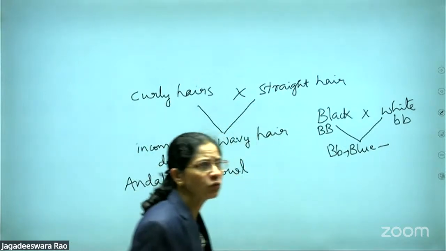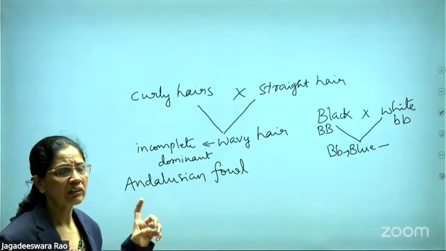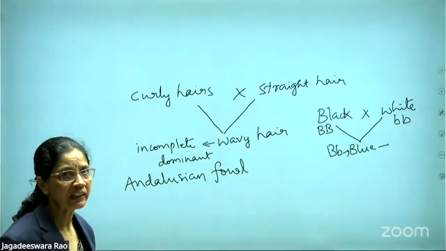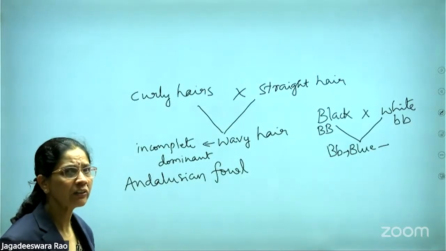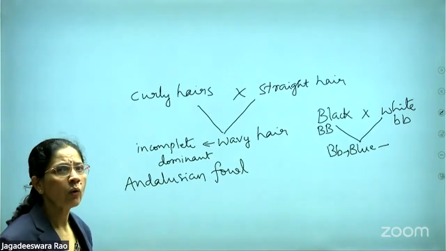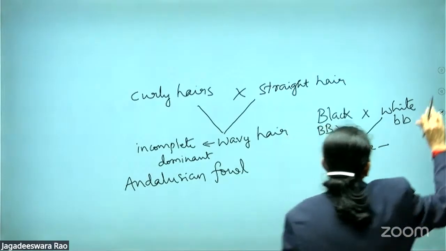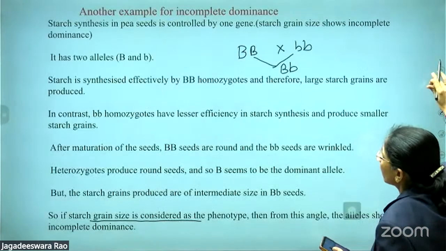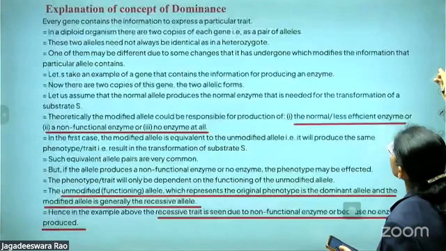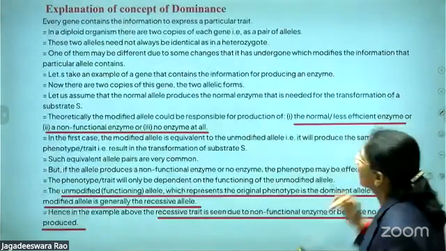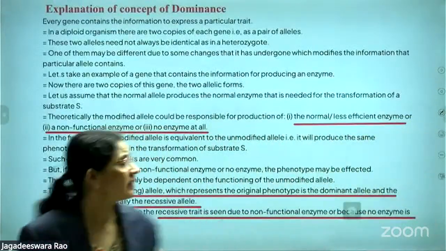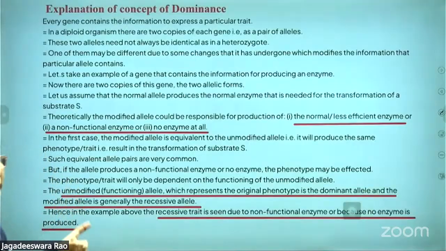I hope with these four examples you got a clear picture of what incomplete dominance is. Neither of the characters is expressed. One new character will appear in the heterozygous condition.